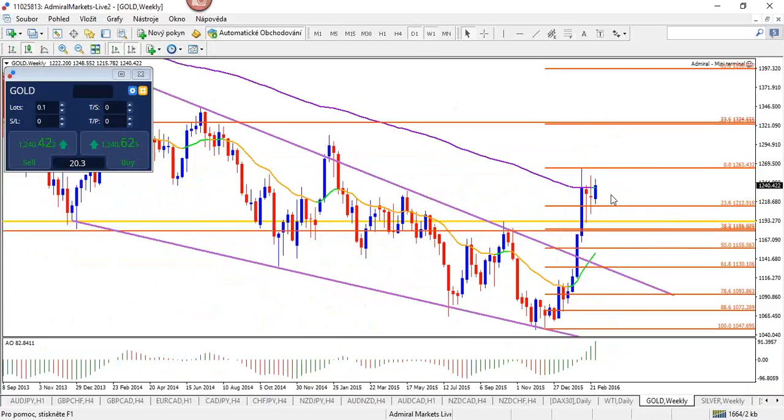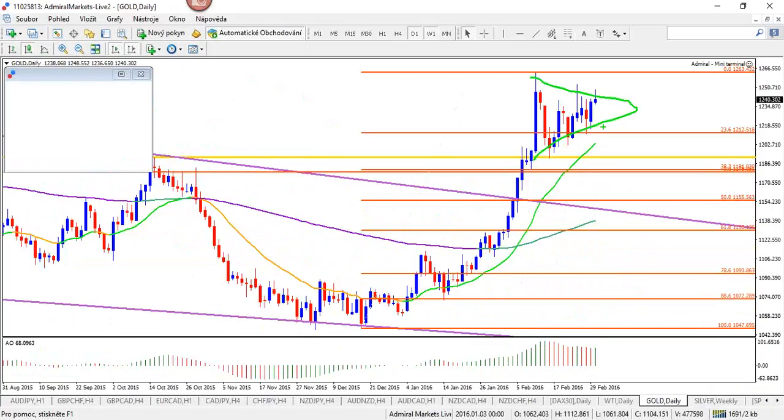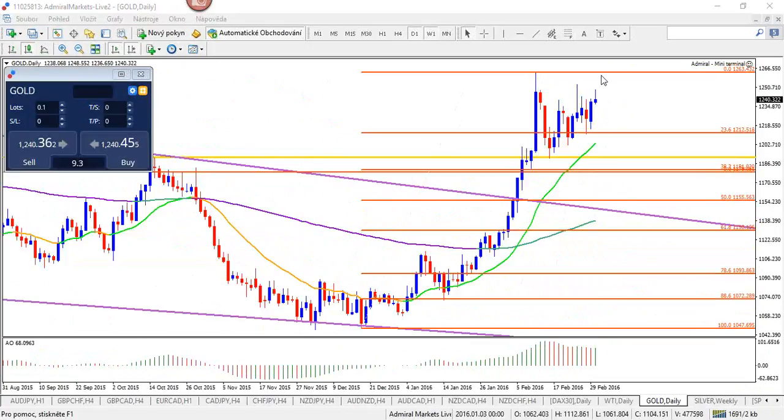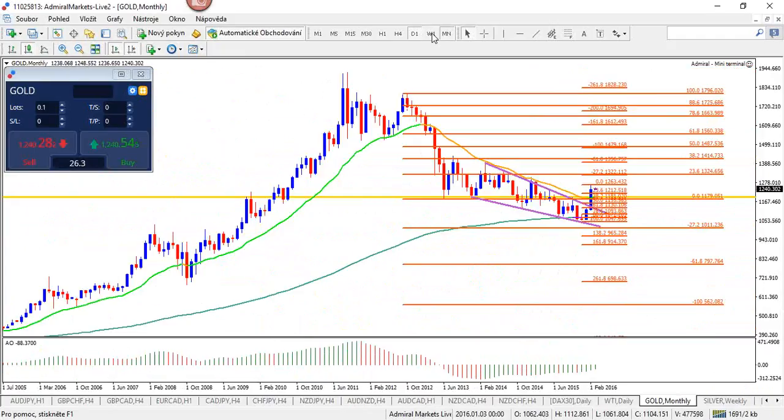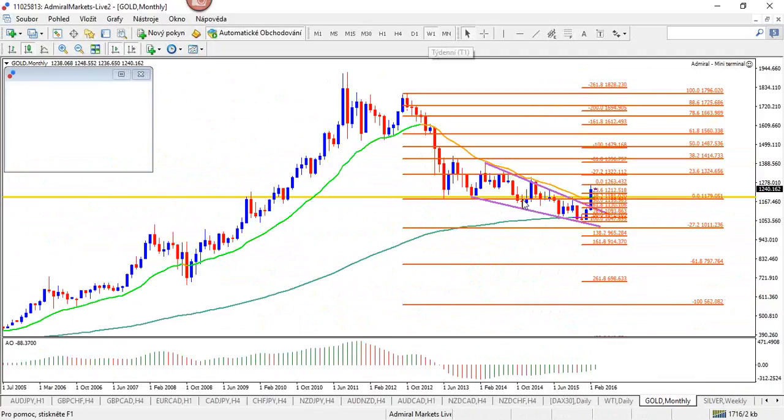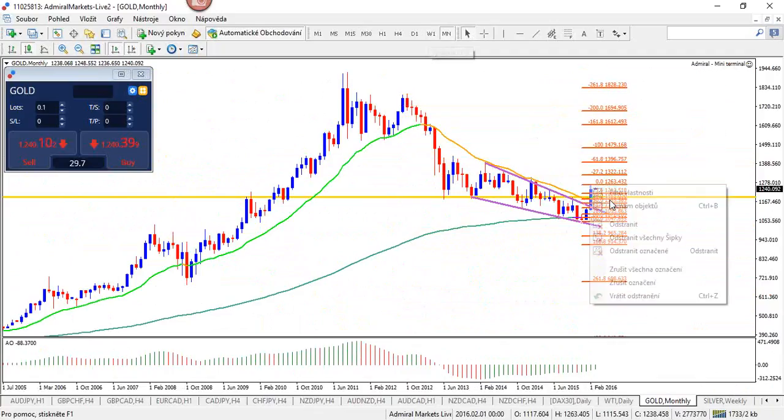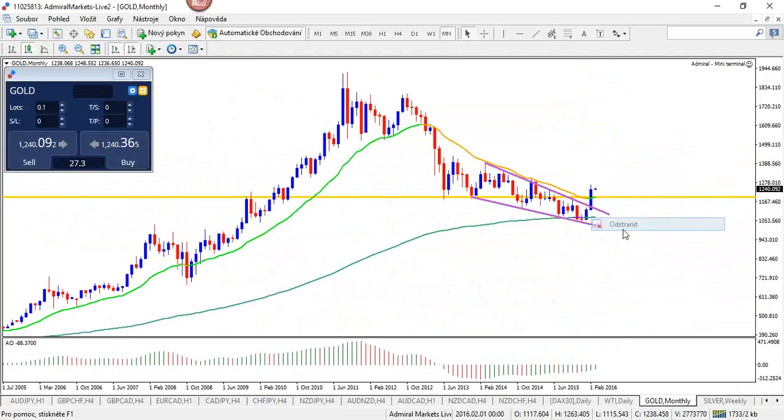Gold hanging around here, doing nothing really between 1200 and 1240, but good momentum. So if it does nothing with the good momentum before it, then this could be a bit of a triangle and then still one more upside break. Good monthly candle last month. Broke out of this falling wedge, clear break.